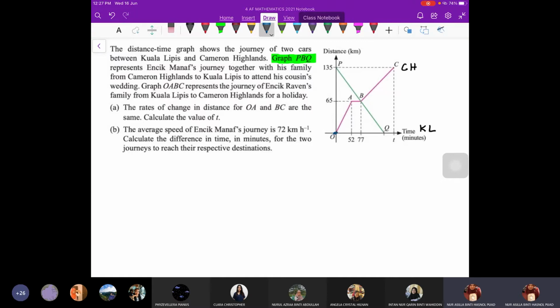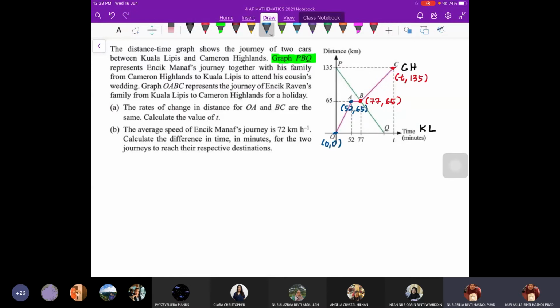So gradient OA dengan gradient BC. Okay. So kita buat dulu dia punya point. So C adalah T 135. Okay. B 77, 65. So A is 52, 65. And then 0, 0.